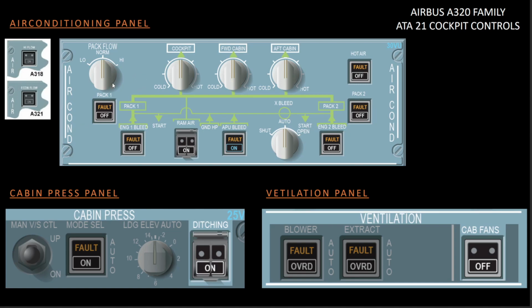Again, this will also have the three scenarios which we talked about. In case you are using APU bleed, you will get a high flow from the flow control valve.